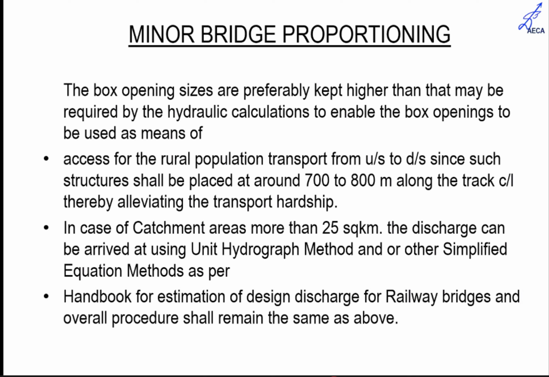Also, basically all we are dealing with is the smaller catchment, so these bridges are covering contributions from various different kinds of smaller catchments. For catchment areas larger than 25 square kilometer, the discharge can be arrived at by the unit hydrograph method already explained by Paresa, and in the handbook, the same RBF 16 is followed, and the overall procedure remains the same.